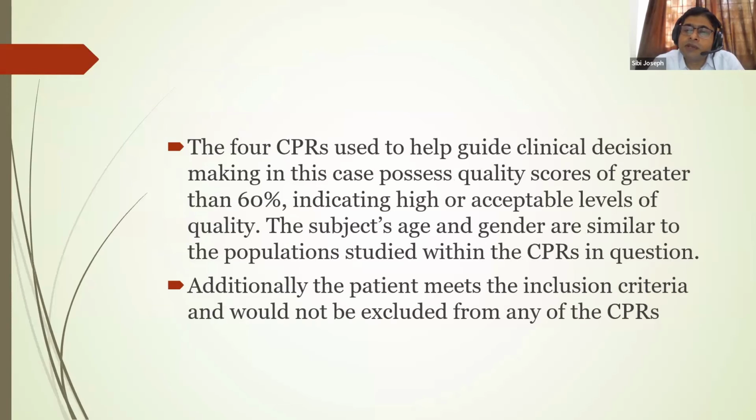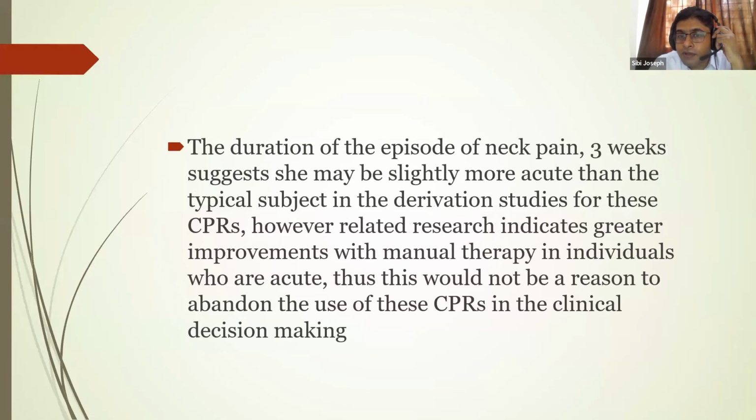So the 4 CPRs used in the study to help guide clinical decision making in this case possess quality scores of greater than 60%, indicating high or acceptable levels of quality. The subject's age and gender are similar to the population studied within the CPRs in question. Additionally, the patient meets the inclusion criteria and would not be excluded from any of the CPRs.